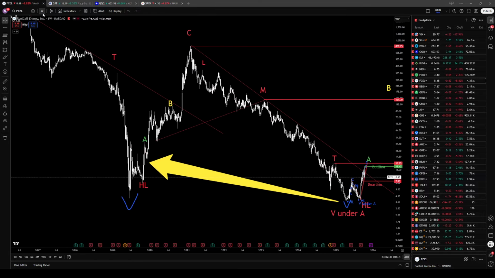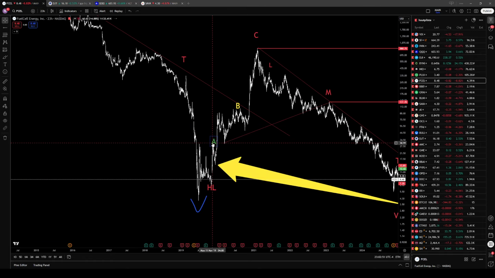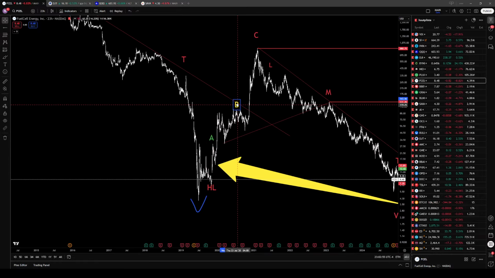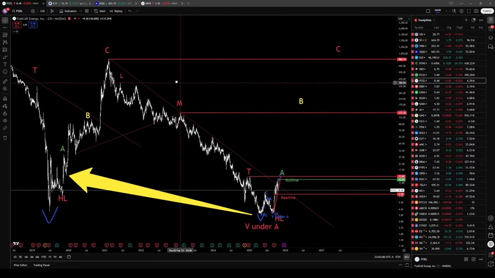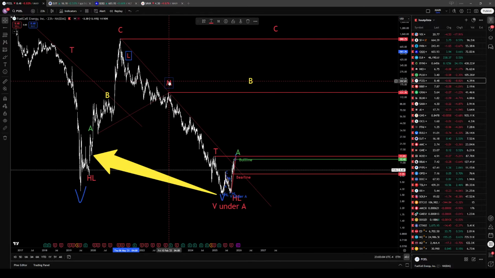And now we go on the daily. So your high low is finished, your A is finished, B is finished, your lower peak is finished, and then you come down again. Lower high, midpoint.